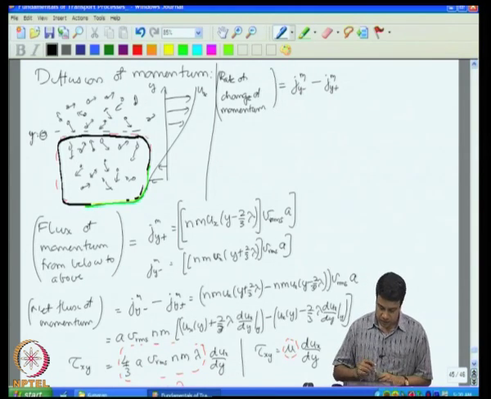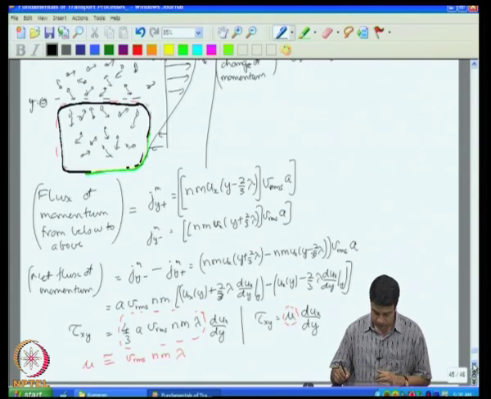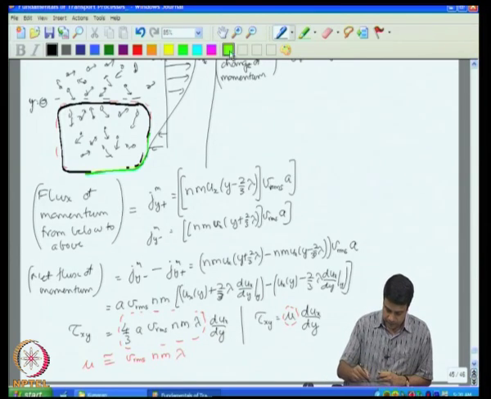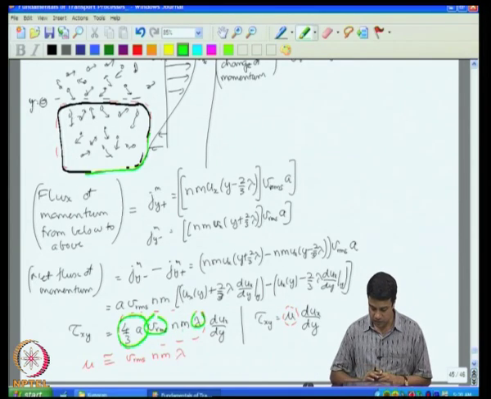So, we take the difference between what is going upward and what is going downwards, and we ended up with an expression for the stress as some constant times the root mean square velocity times the mean free path times Nm. N is the number of molecules per unit volume, m is the mass of a molecule. Therefore, N times m is the density, the mass per unit volume, times du by dy.